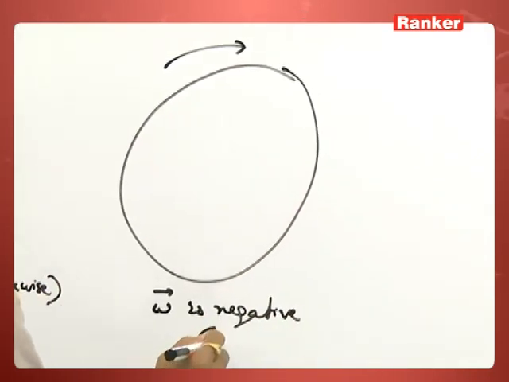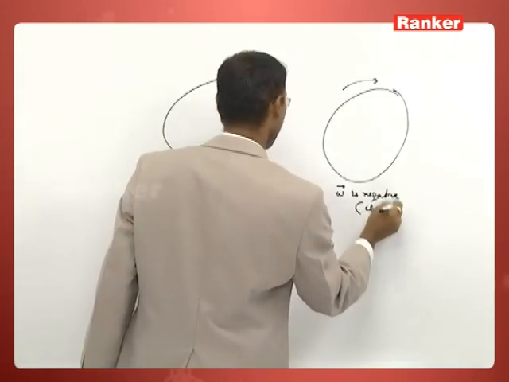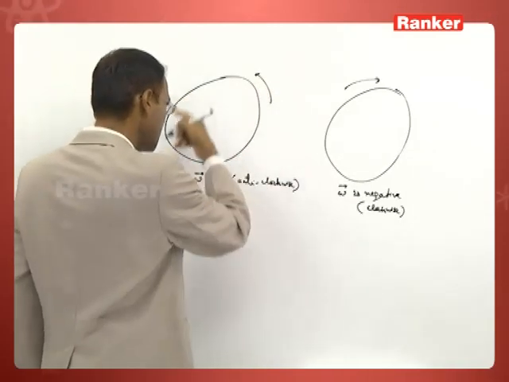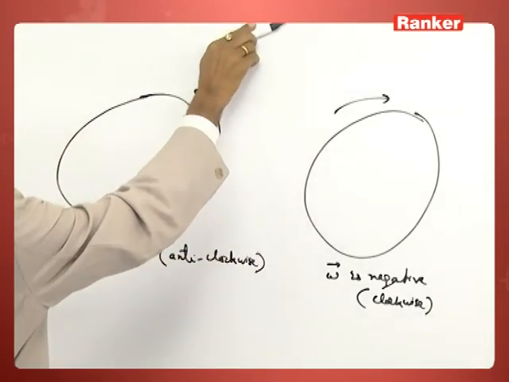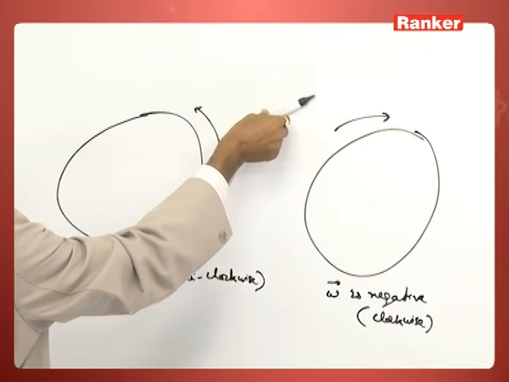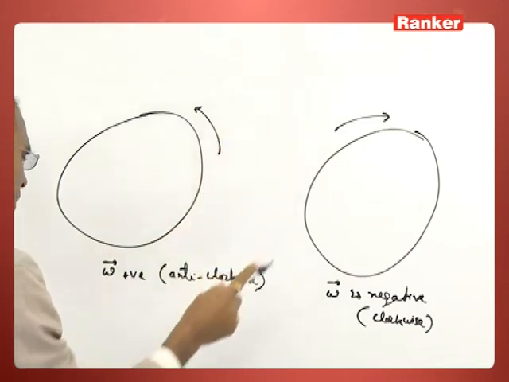This is clockwise rotation. Suppose this is a rigid body, the pen rotates in this way. It is called anticlockwise rotation. Angular velocity is positive.